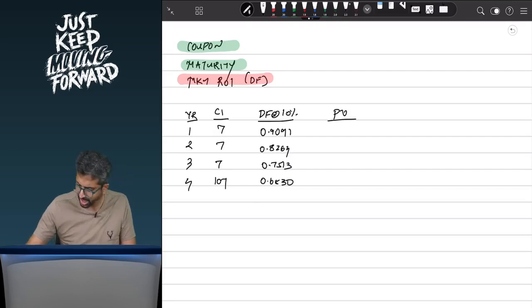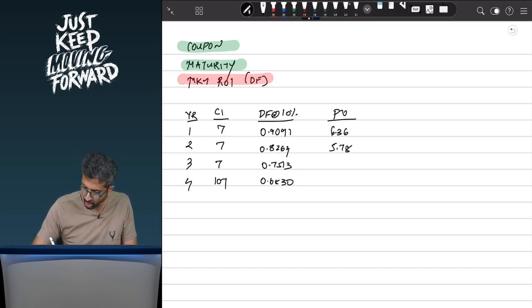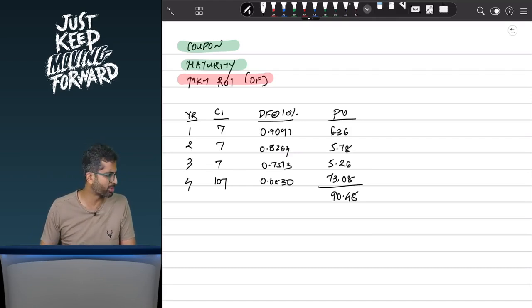So if I were to find the present values, this was 7 into 0.9091, around 6.36, 7 into 0.8264, this was 5.78, 7 into 0.7513 comes to around 5.26, and 107 into 0.6830 comes to 73.08, and hence the total over here would be 6.36 plus 5.78 plus 5.26 plus 73.08, which comes to around 90.48 approximately, a little bit of approximation here or there.